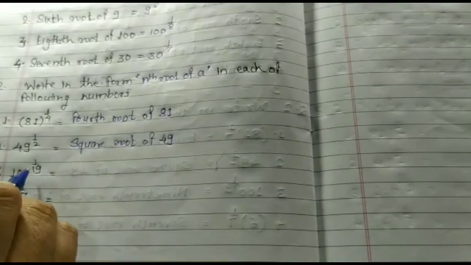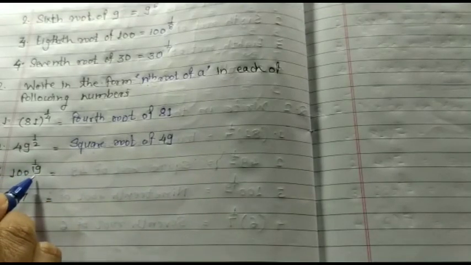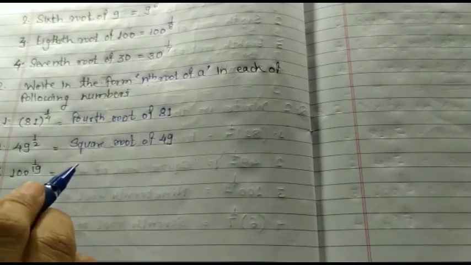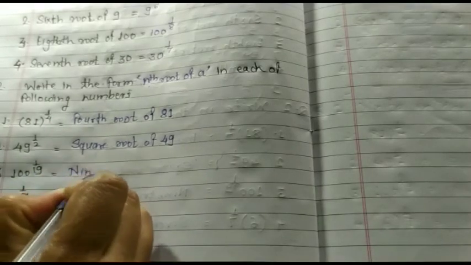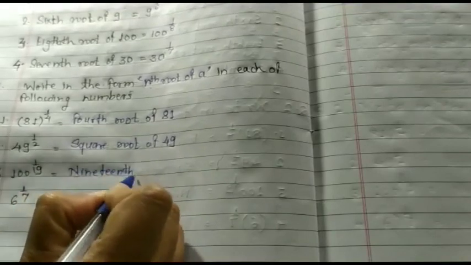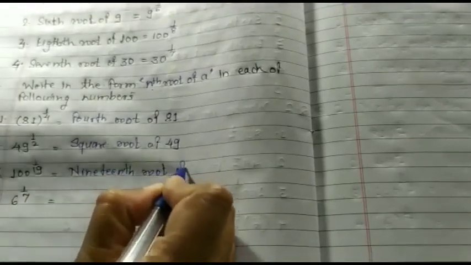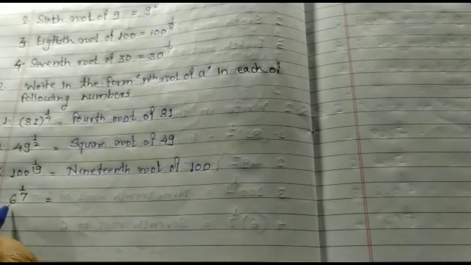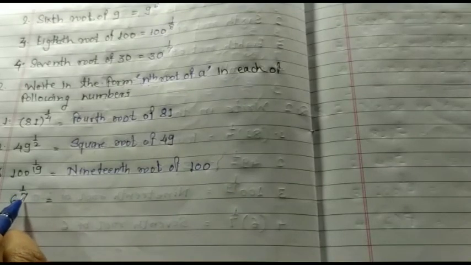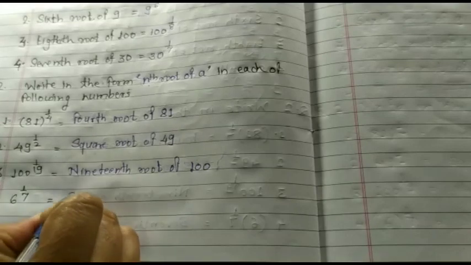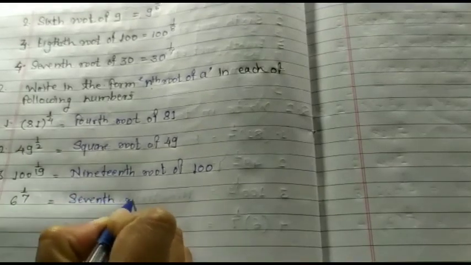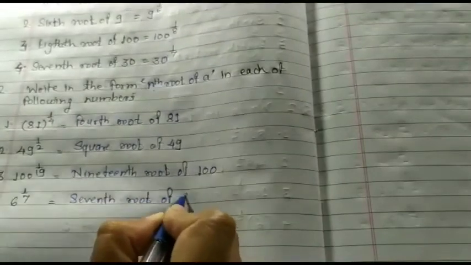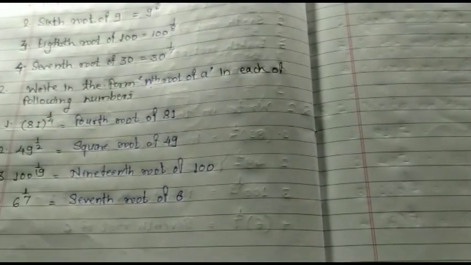Third, 100 raised to 1 upon 19, hence the 19th root of 100. Fourth, 6 raised to 1 upon 7, the seventh root of 6. So you solve all of practice set 3.1.